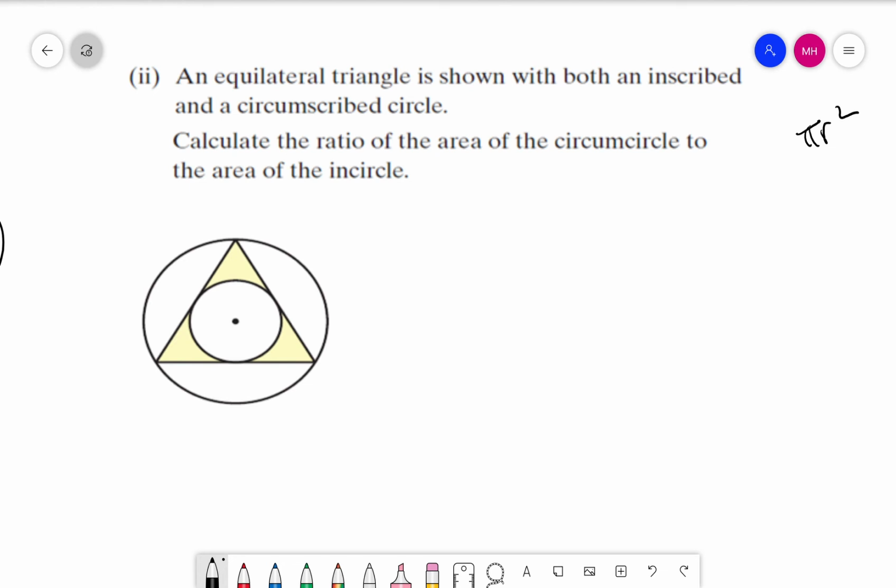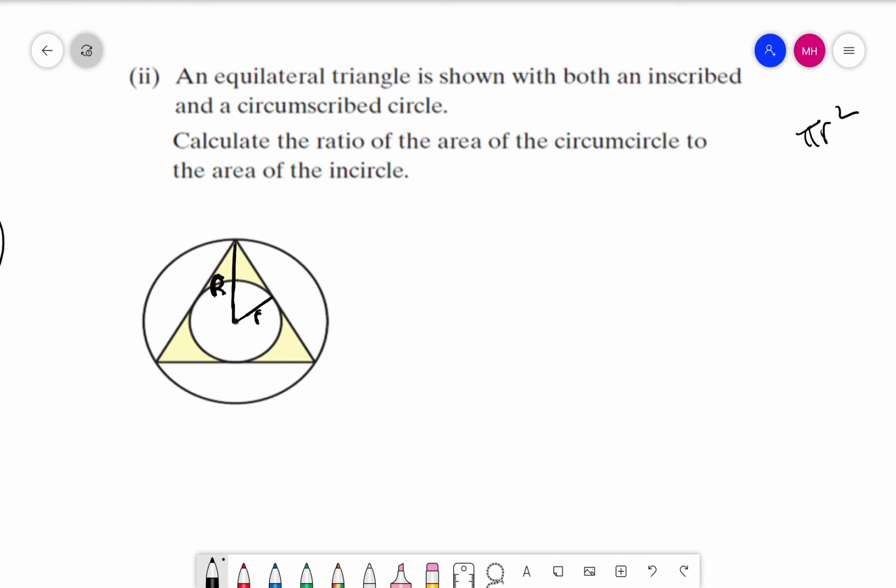What you're trying to do here is come up with some sort of ratio that will take in the radius of the big circle, and that somehow takes in the radius of the small circle. So that would be capital R, that would be little r.